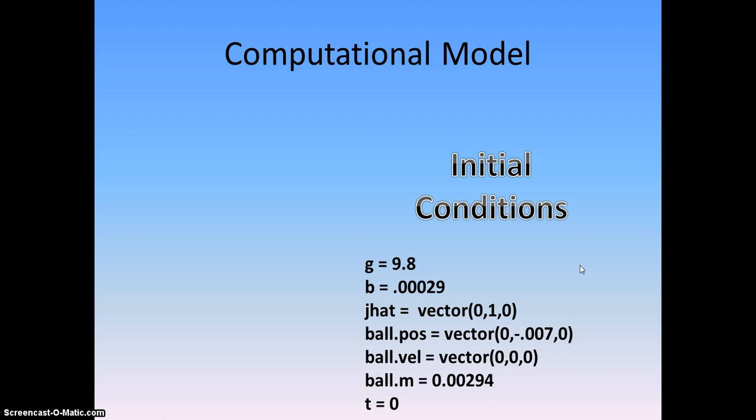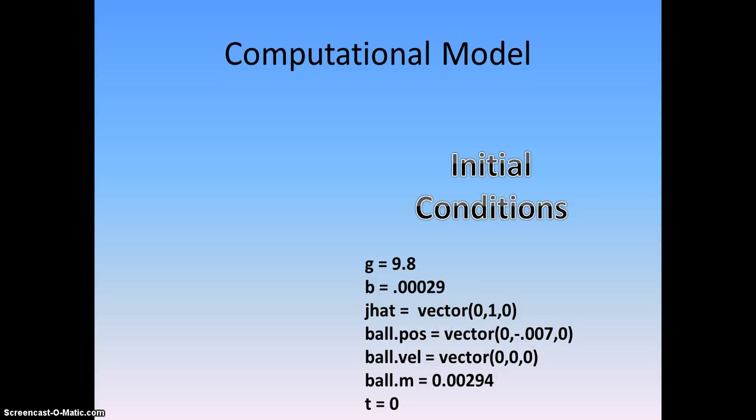Going over to our computational model, we have to have some initial conditions when building the model. Big things to note are our g value is going to be equal to 9.8. We also have this arbitrary b value that we get from correlating the terminal velocity of our computational model with our observed data. It's a little bit arbitrary, but it'll make sense later when you see the graph.